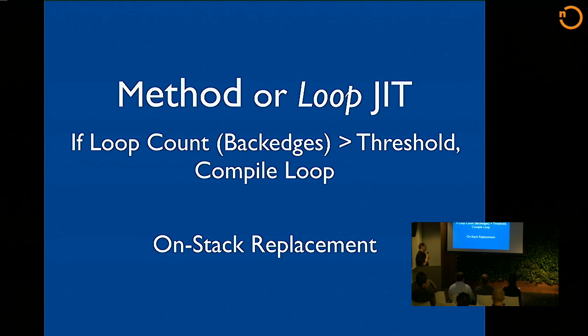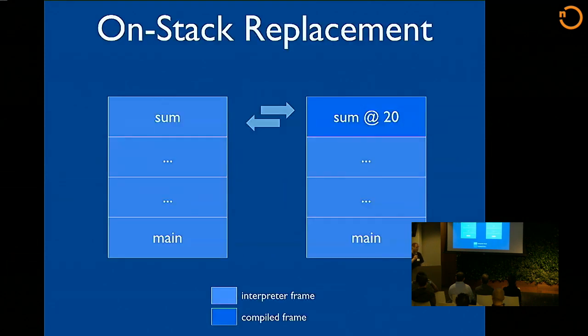Now, HotSpot calls this loop JITting on-stack replacement. The reason it calls it that is because you have to imagine what the VM is doing. It has a bunch of interpreter frames on the stack. Mid-running this method on the top of the stack, we decide, oh, you have a hot loop. Maybe I should JIT you. But you're in the middle of running.